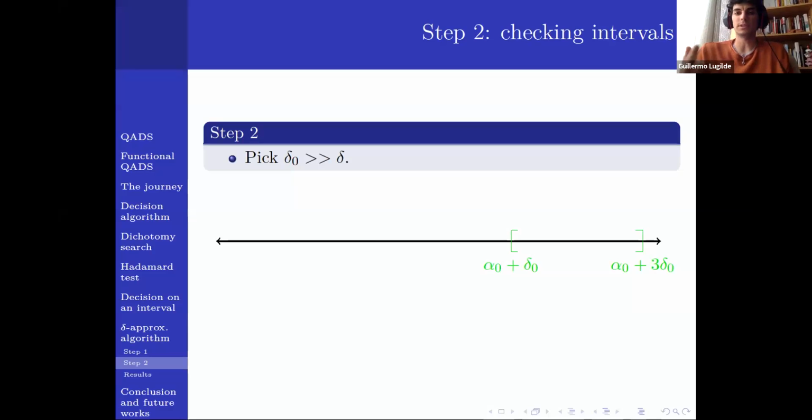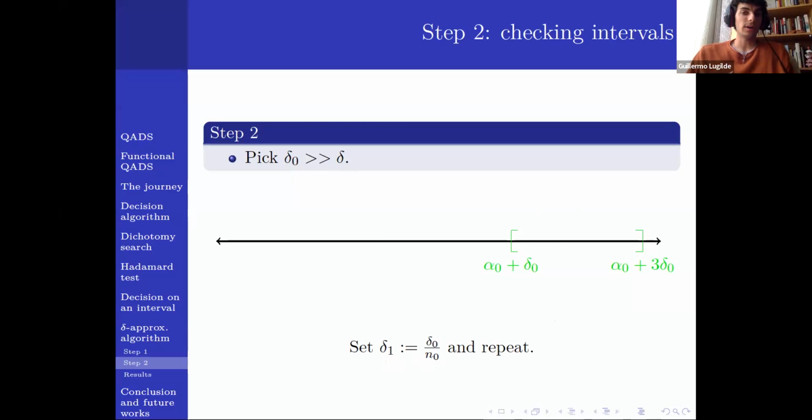Or maybe the interval is corrected by the algorithm. That's fine too. The point is that now we know that beta belongs to this interval, and therefore we decrease the tolerance, dividing it by a certain factor, and repeat the process until we reach the actual delta and we find an interval of the desired length.